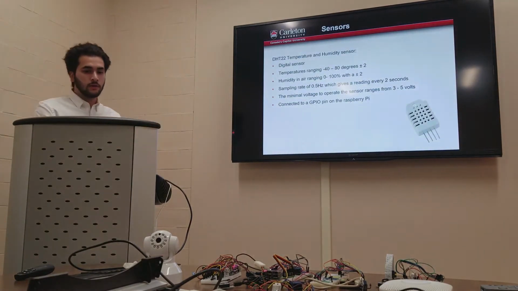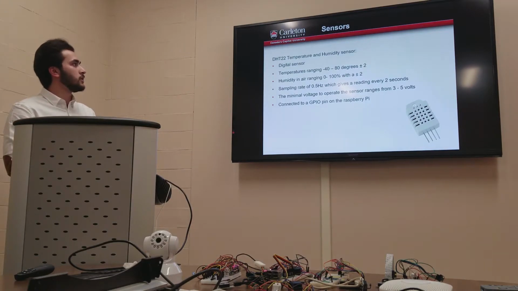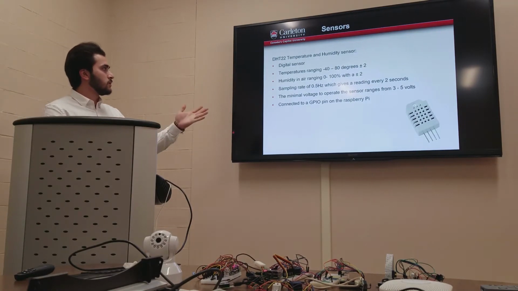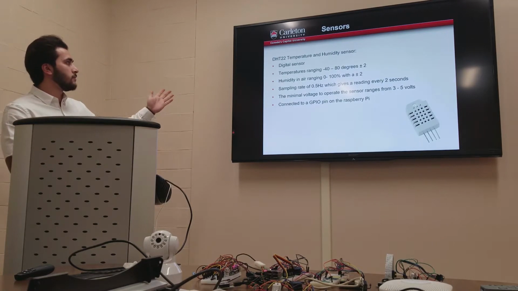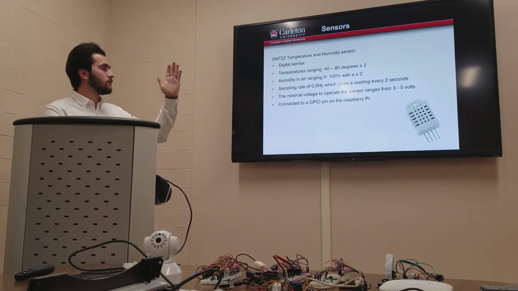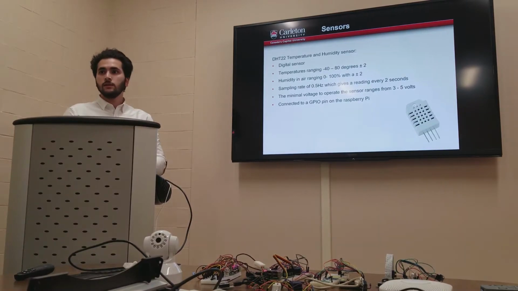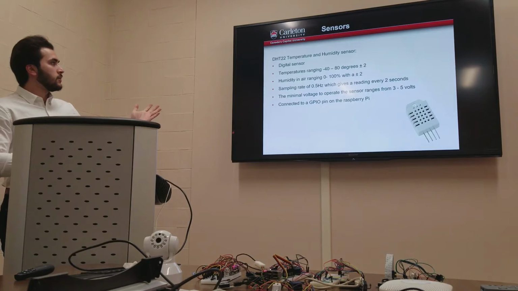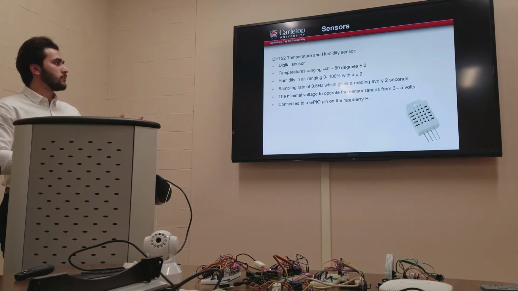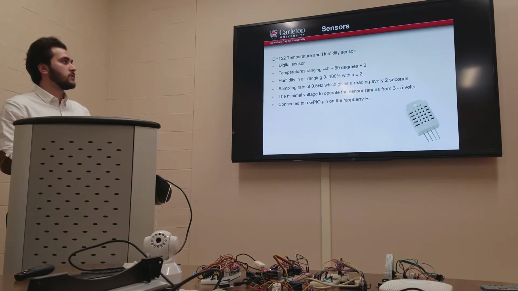Here we have our DHT22 temperature and humidity sensor. It's digital. What's good about it is it measures temperature ranging from -40 to 80 with an uncertainty of 2 degrees, as well as the humidity in air ranging from 0 to 100% with the same uncertainty.